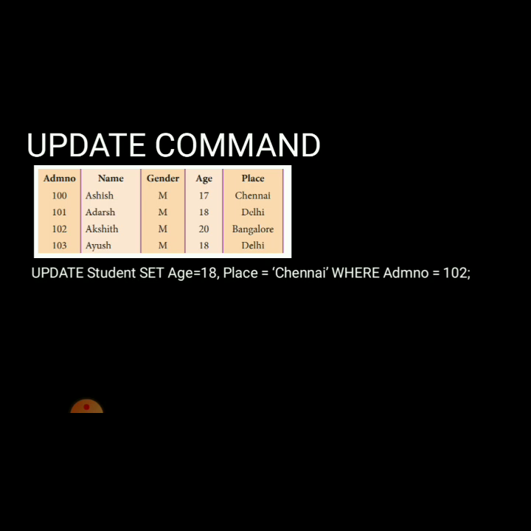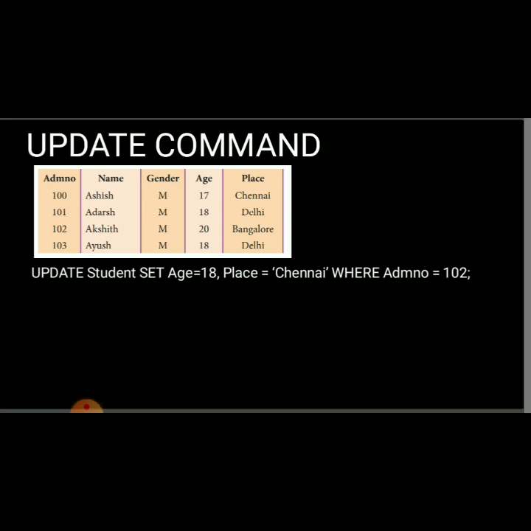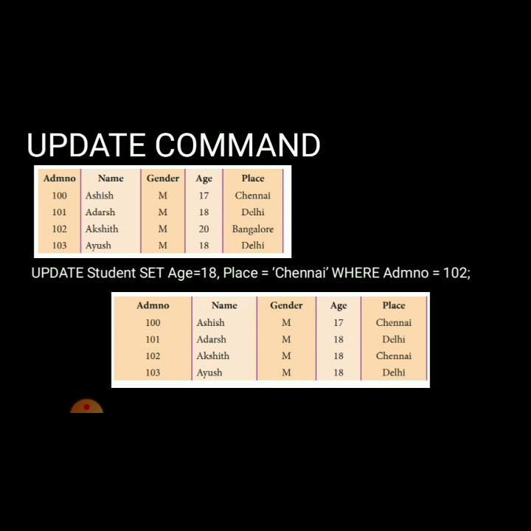Depending on this condition it will search for the admission number 102, where the age is 20. After entering this command you will get the output like this. Now you can see that for 102, the age is updated. Instead of 20 it comes as 18.